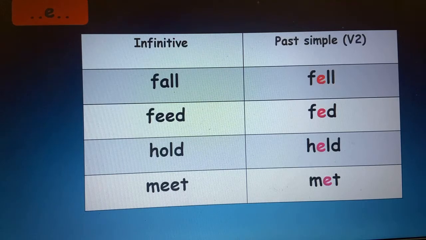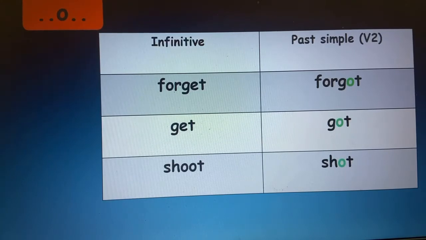So here in the past simple form, we added E. Fall, fell, feed, fed, hold, held, meet, met. Another one, the letter O. Forget becomes forgot. Get, got. Shoot, shot.